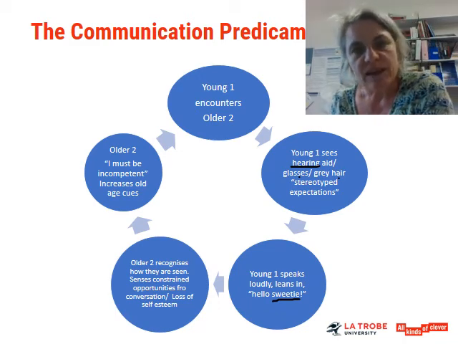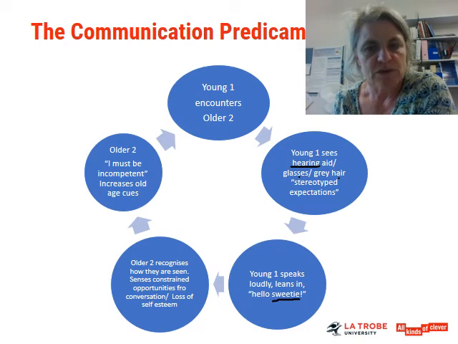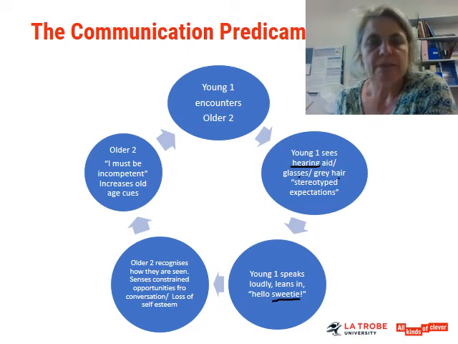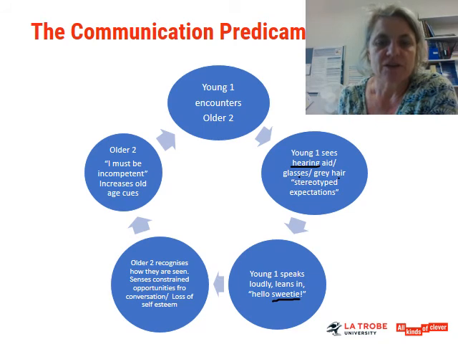The problem with that is that the older person recognises how they're being talked to. They recognise that the younger one sees them as deaf, stupid, and deserving of this sort of condescending, diminutive talk.